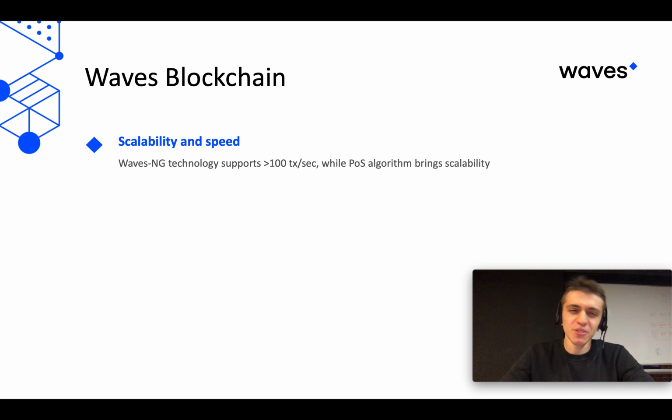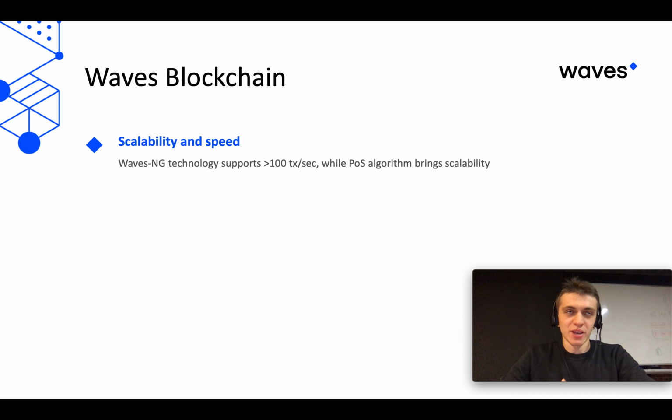So if you are interested more in this technology, you can go to the Waves documentation, and you can find there some description of that, or you can find the original paper. I think I will add to the description of this video the link to the paper.